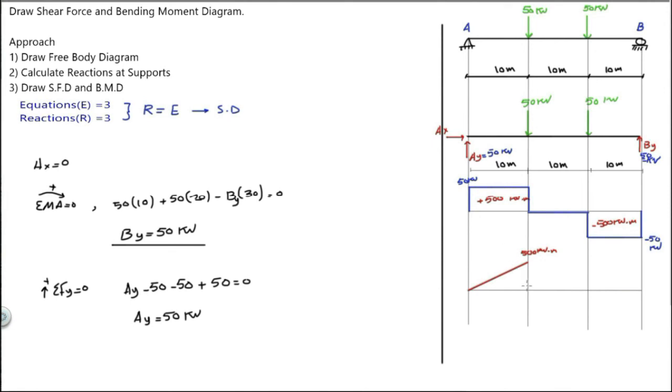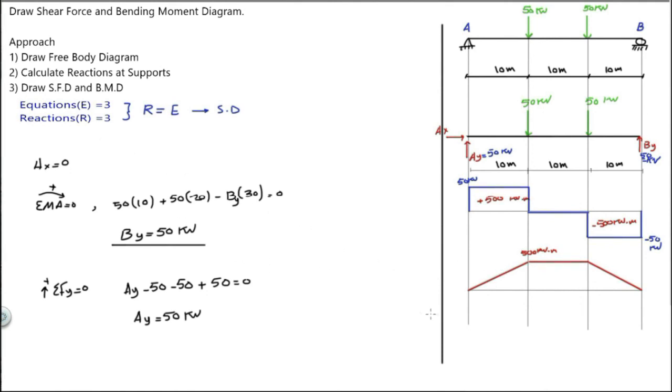Now straight line here, straight line here, minus 500 and a rectangle, so slope downward, and finally the value here is 0. Shear force diagram and bending moment diagram have to close at 0. If they don't, revise your calculations.